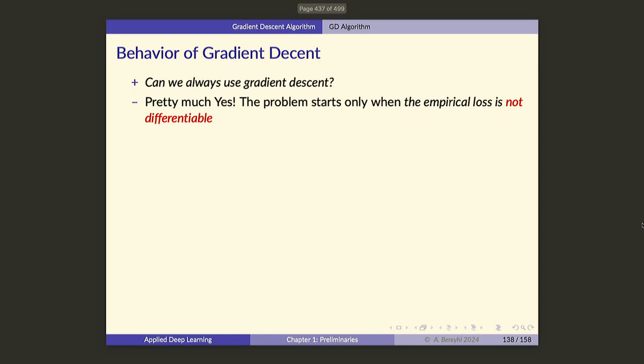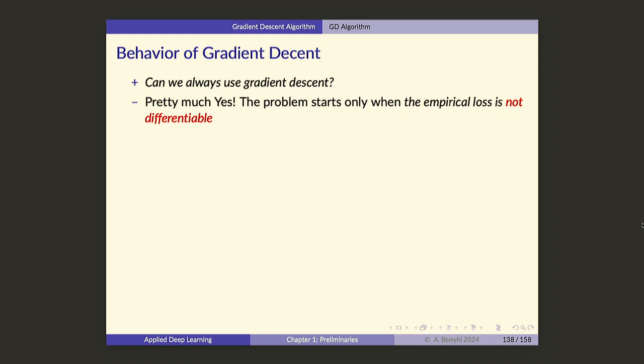Now, that's basically it about gradient descent. But if you got the idea of gradient descent, the next thing I want to give you an overview of is what happens when we deal, at the end of the day, with practical loss functions or practical empirical risks. The first thing is one question that your friend already asked.